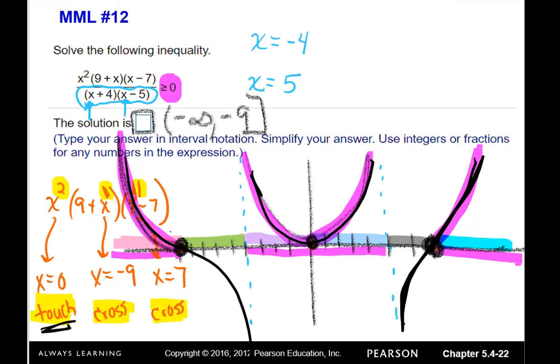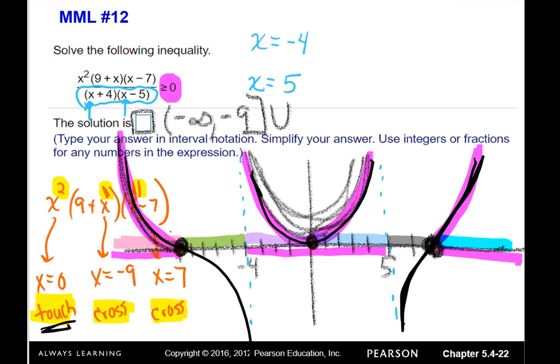Then this is the next interval here, which is in between negative, this was -4 and this was +5, but those are asymptotes, so you can't include them. And since I'm doing multiple intervals, and you'll notice it says type your answer in interval notation, simplify your answer, use integers or fractions for any numbers in the expression. It doesn't say anything about using commas to separate, so you got to use that union symbol.